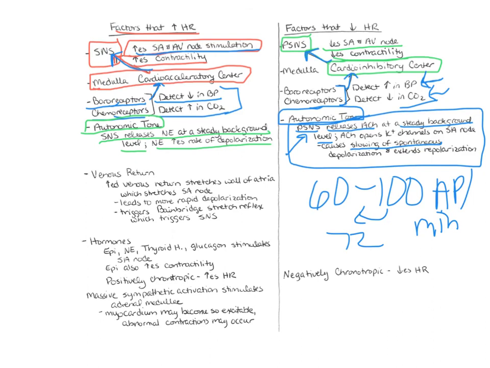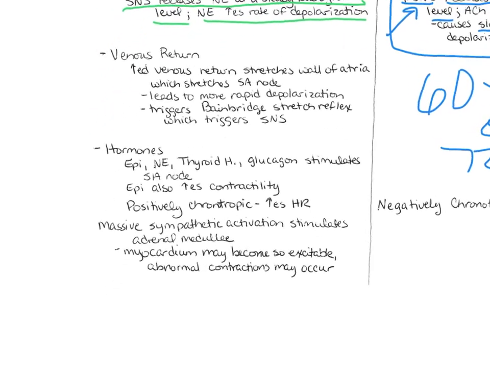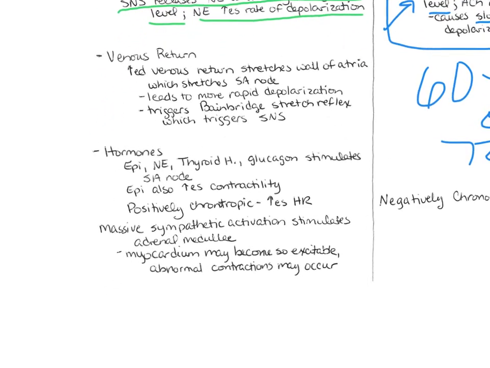All right, so now the rest of what we're going to look at is factors that increase the heart rate. We're going to look at venous return, hormones, and then I'll briefly mention sympathetic activation. Remember, venous return is the amount of blood coming back through the veins and entering the heart.